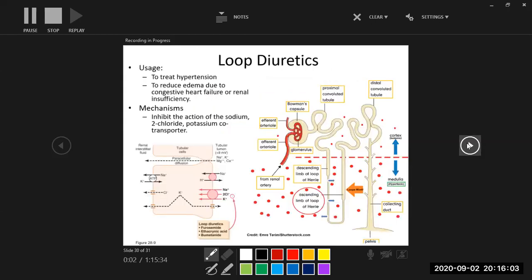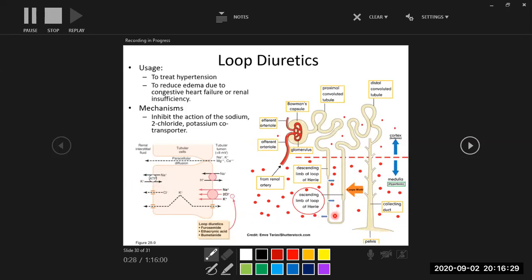So loop diuretics reduce the amount of sodium reabsorption in the ascending limb. Here we have the sodium 2-chloride potassium co-transporter. This blocks it, here is the urine side. When it is blocked, sodium will not come into the body.